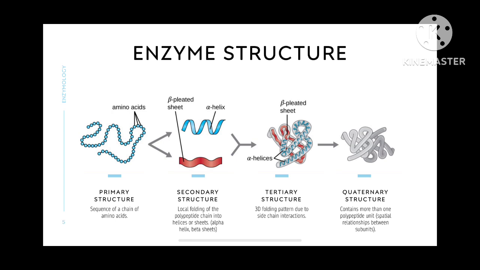That's your secondary structure. What's unique about the secondary structure, class, is that you can see the alpha helices or the beta-pleated sheets, as seen in the illustration above.